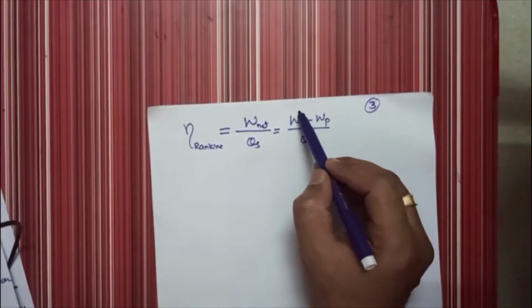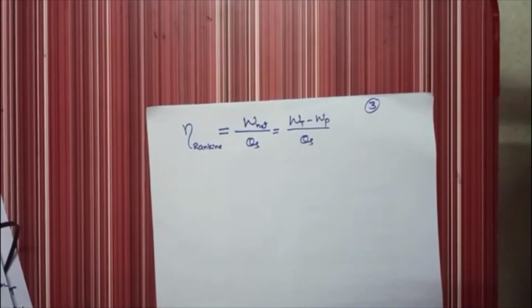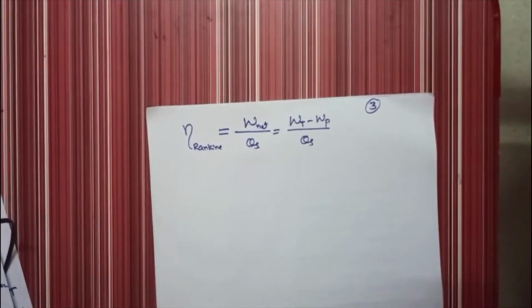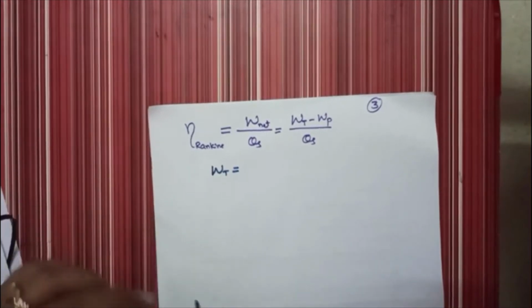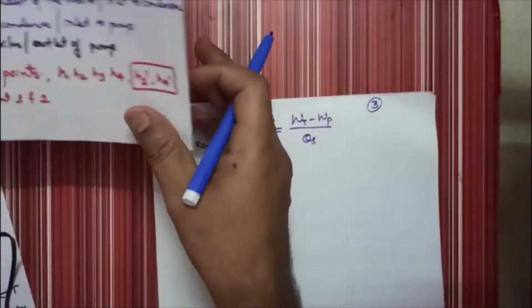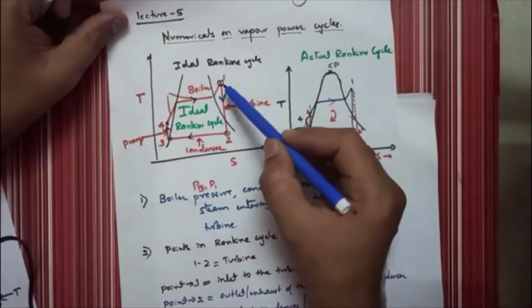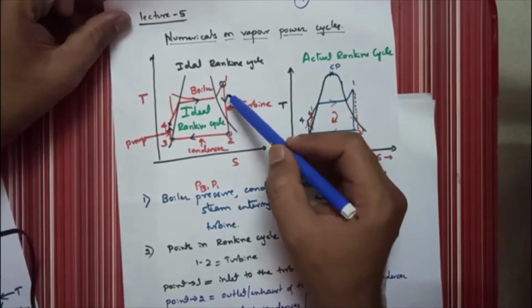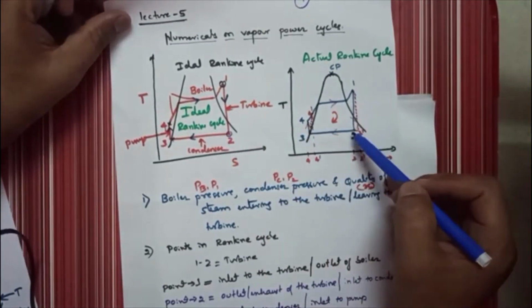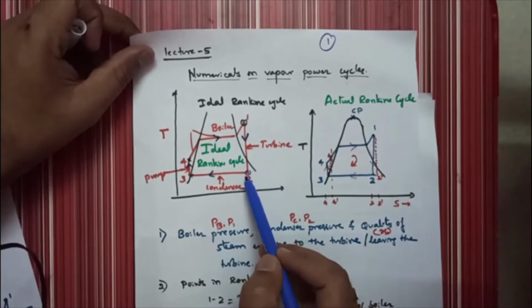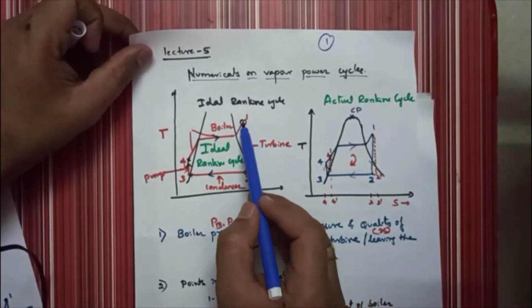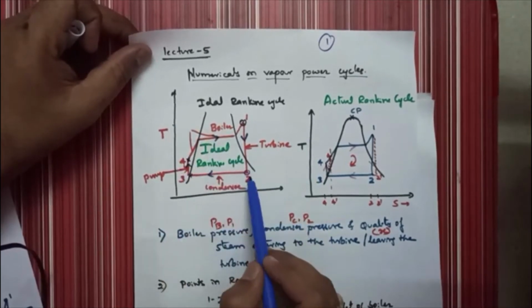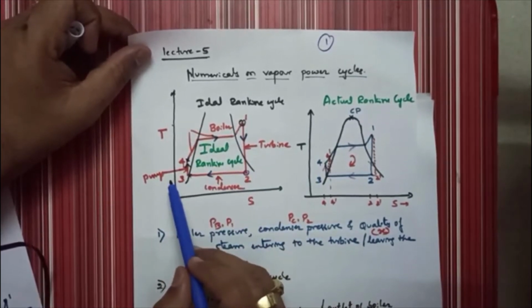Now the question is, how will we calculate work done by the turbine? So work done by the turbine, WT, is equal to, now I will take page number 1. This is 1 to 2. So in the 1 to 2 component, that is the turbine process, point number 1 has the highest temperature, point number 2 has the lowest temperature, correct.